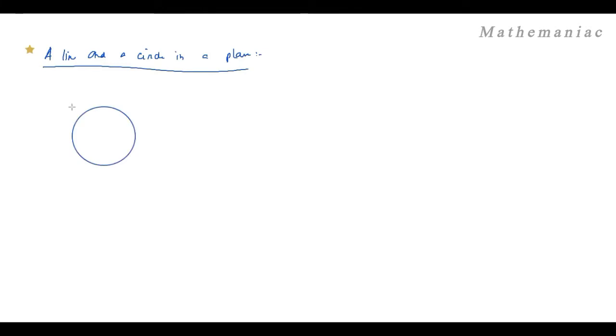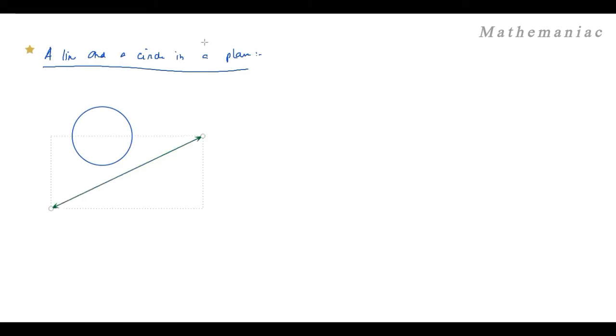So I can have a circle here, and then I can have a line here. Rather, let me make it a better one because a line has arrows.